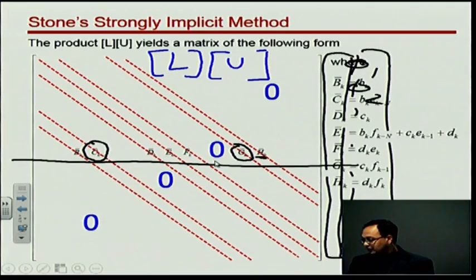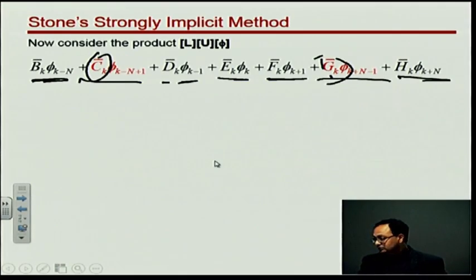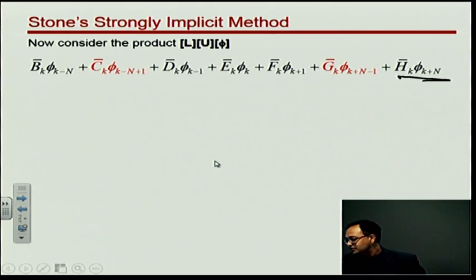Similarly, if you go here, c is multiplying phi k minus n plus 1, because b is multiplying phi k minus n. c would be multiplying phi k minus n plus 1, which is this guy here. Everybody follow that? So we have these extra two terms that show up.